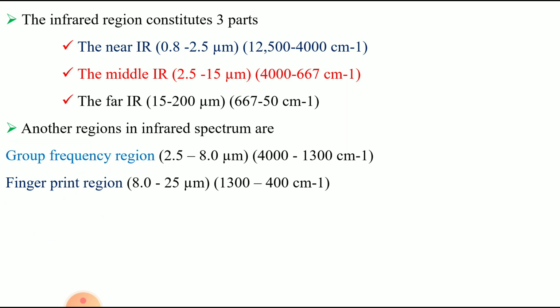The group frequency region is from 4,000 to 1,300 cm⁻¹, and the fingerprint region is from 1,300 to 400 cm⁻¹. So the entire region we use in the IR spectrum is 4,000 to 400 cm⁻¹. The group frequency region is used to determine what type of functional group is present, and the fingerprint region is used to determine the exact structure and the exact nature of the molecule. We can easily understand.